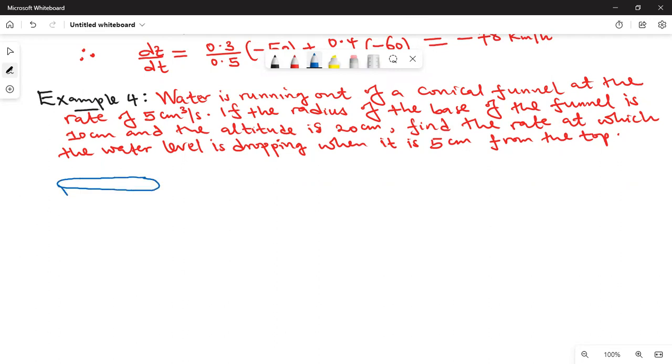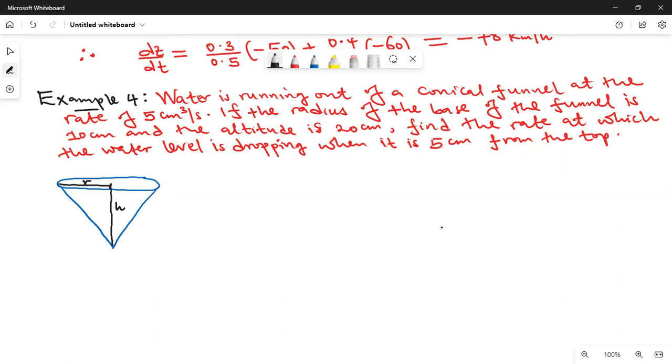Then the vertex of the cone at the bottom. So that is a funnel of that shape. Now, at any time t, the radius of the base is r, and the height is h. That is at any time t.